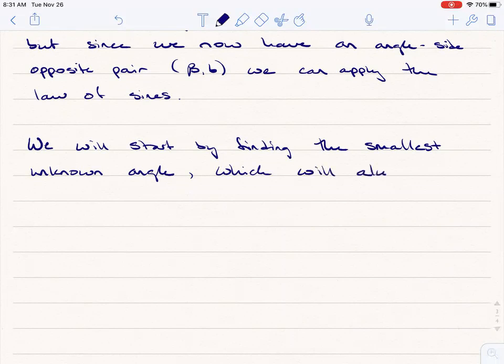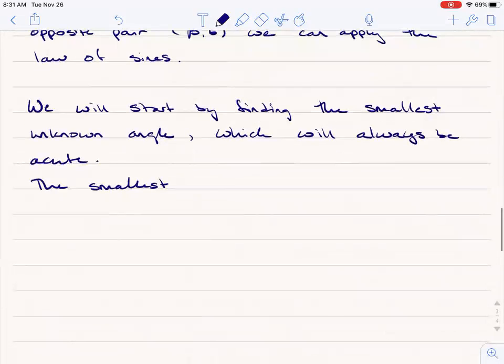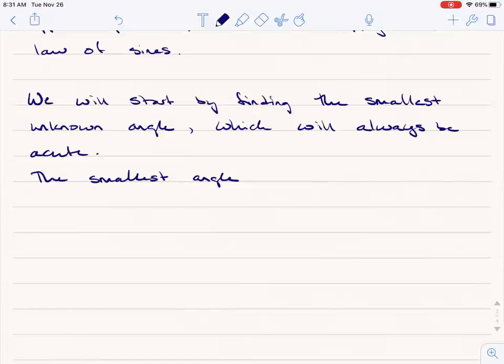Which will always be acute, right? And the smallest angle is the angle opposite the shortest side. The smallest angle is the angle opposite the shortest side.